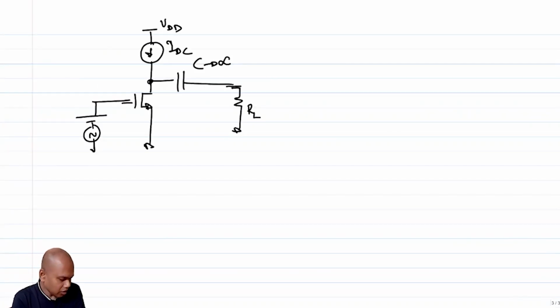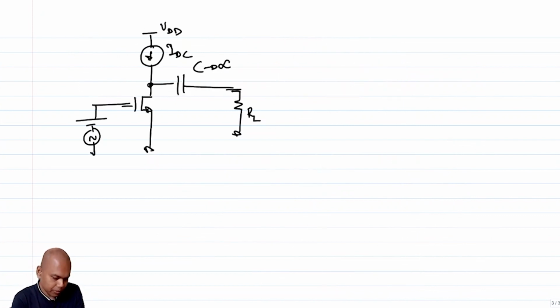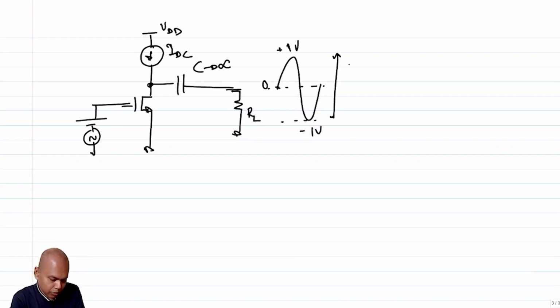So now if I go to this table, let's say I want to deliver, I don't know, maybe 10 dBm power, which means that I would want the voltage swing here to be equal to plus 1 volt. If this is 0 quiescent, then this is minus 1 volt. So I want this voltage swing to be 2 volt peak to peak.